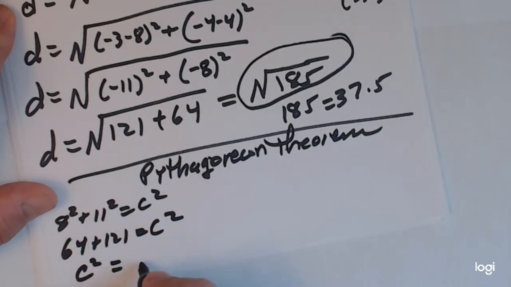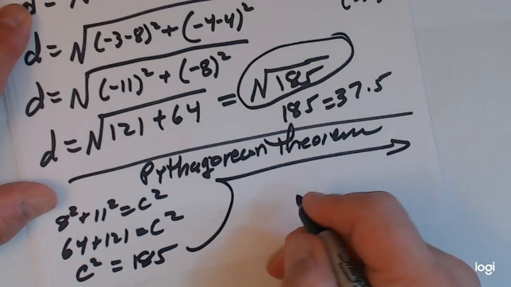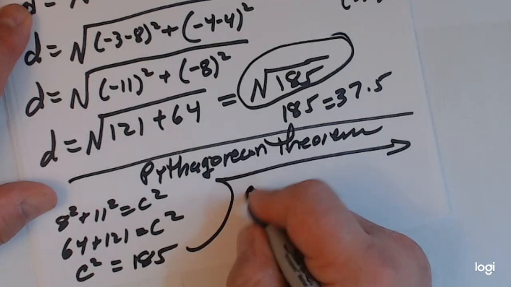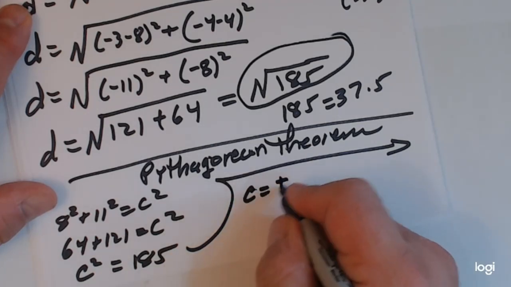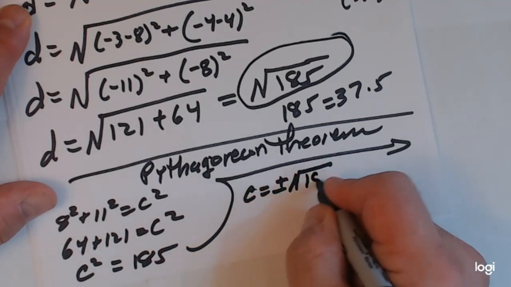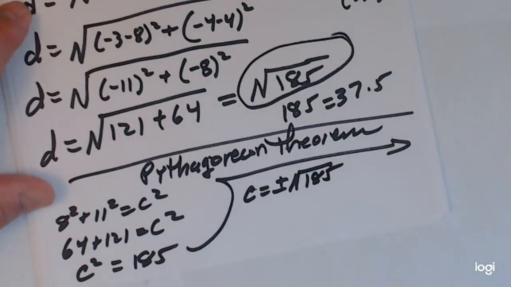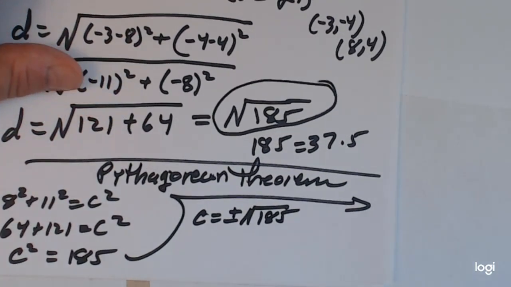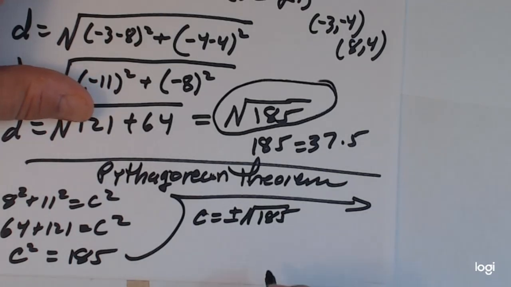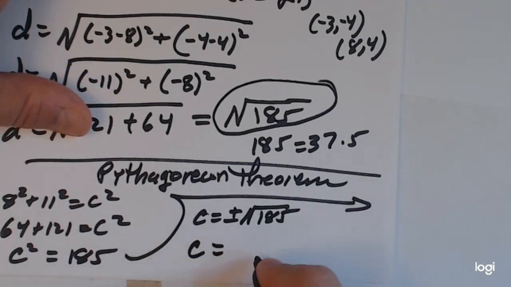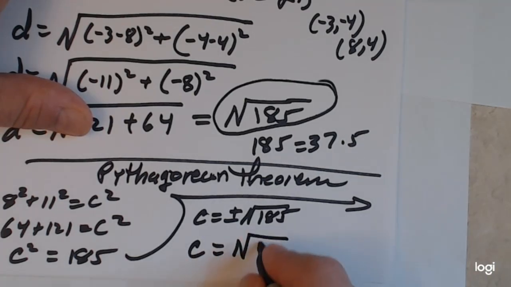C squared is equal to 185. So c is equal to plus or minus the square root of 185. Since we don't care about the negative root, c is equal to square root of 185.